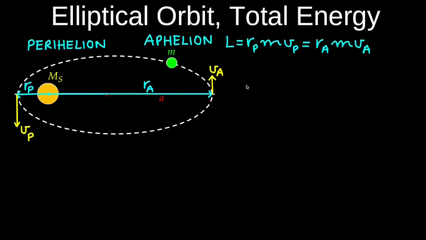And energy is conserved in an elliptical orbit because you only have one conservative force acting on the planet, being the gravitational force. So therefore the energy at perihelion is the sum of the kinetic and the potential energies, and this is the same as the energy at aphelion.